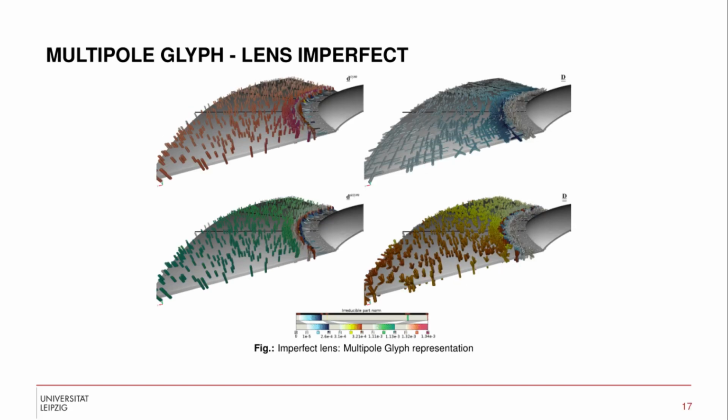And if we look at the imperfect lens, we can see pretty much similar results. We can see a little change of the norm of the irreducible parts, and if we analyzed the orientation of the multipoles in more detail, we would see that the angle of the first order deviators changes very, very little.